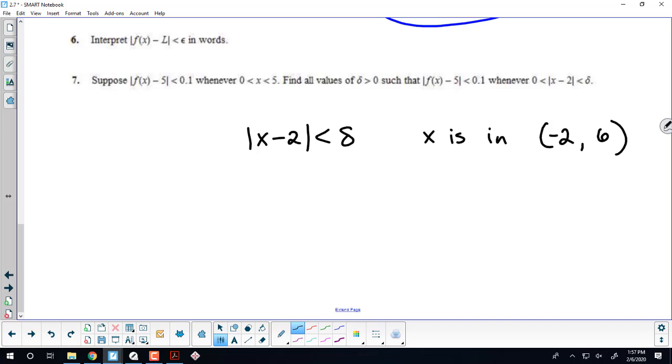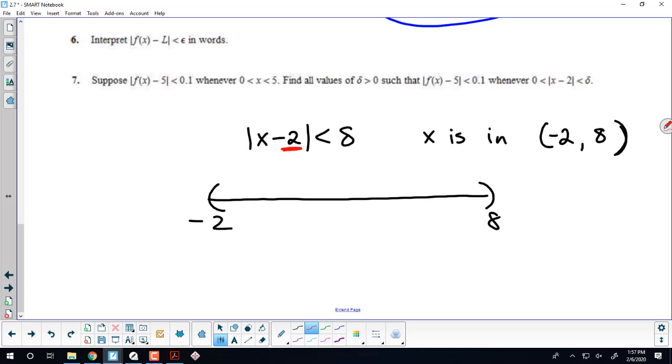No, sorry, -2 to 8. So sometimes you get a situation that does happen like this, and I guess we'll talk about it first. Okay, so here's 2, this number. So what would be the largest possible delta here?